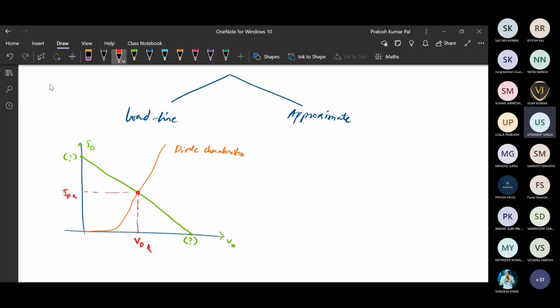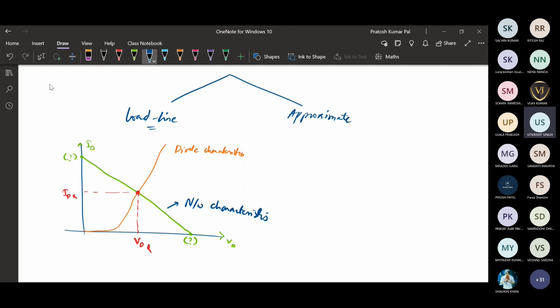It is considered a graphical method. That means we will have a graph of the diode characteristics and a graph of the network characteristics, and they will cut at a particular point. This will be your operating point, which gives the diode voltage and current.